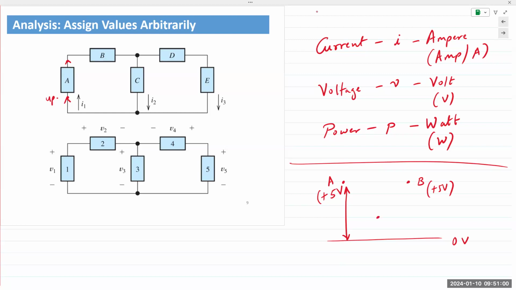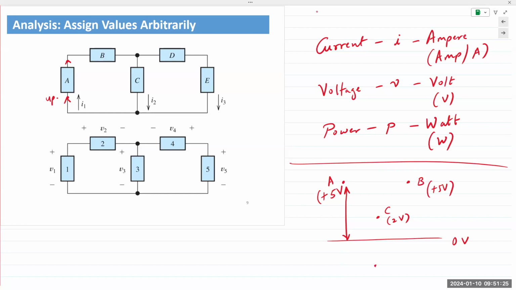Point C, let's say, is at 2 volts. So we would say the voltage at C with reference to 0 volts is 2 volts, but the voltage between A and C is 3. Same thing with B and C.